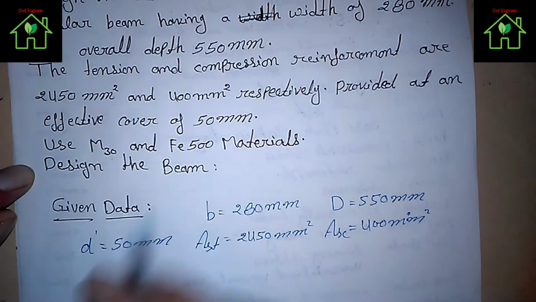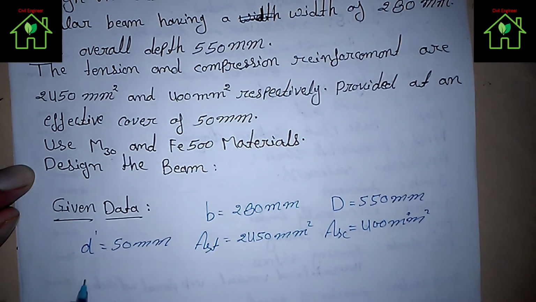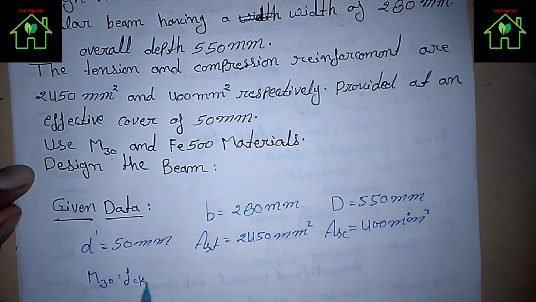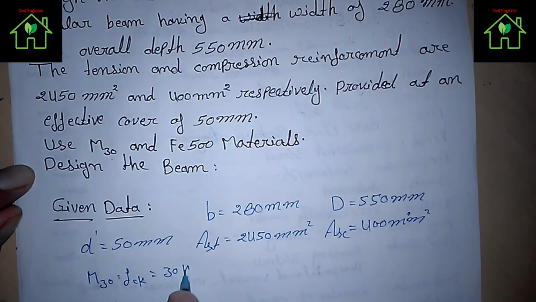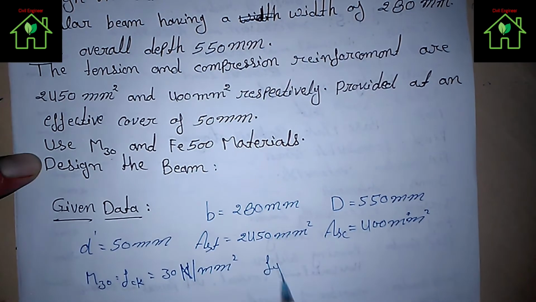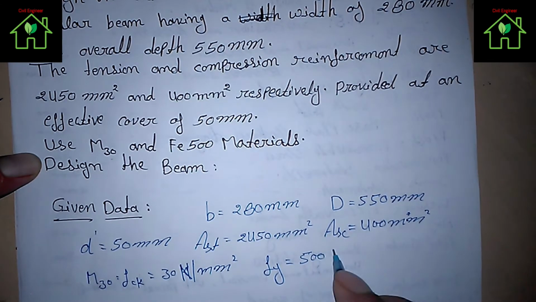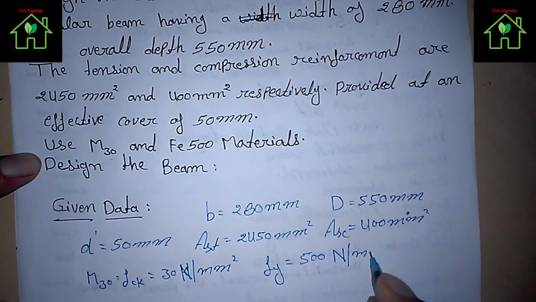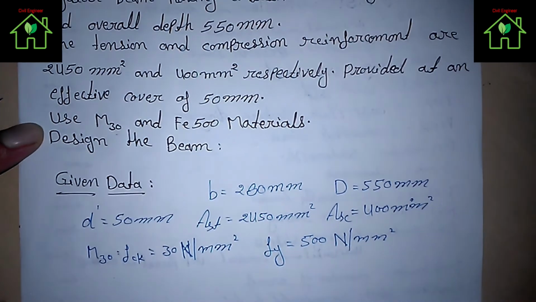Use M30 and Fe 500 materials. M30, fck is equal to 30 Newton per mm square. Fy is equal to 500 Newton per mm square.